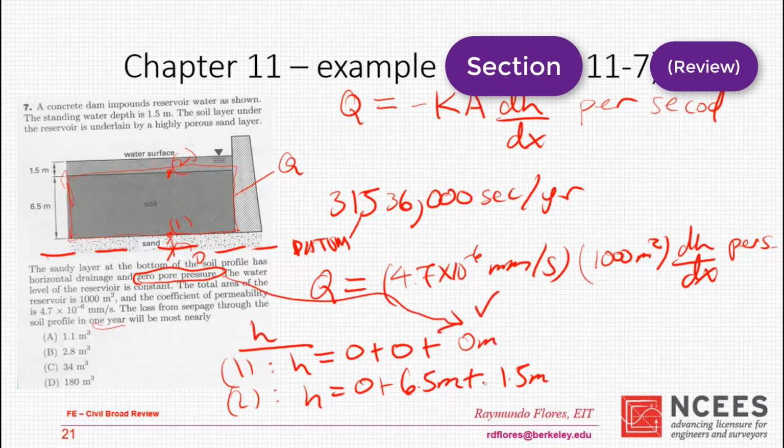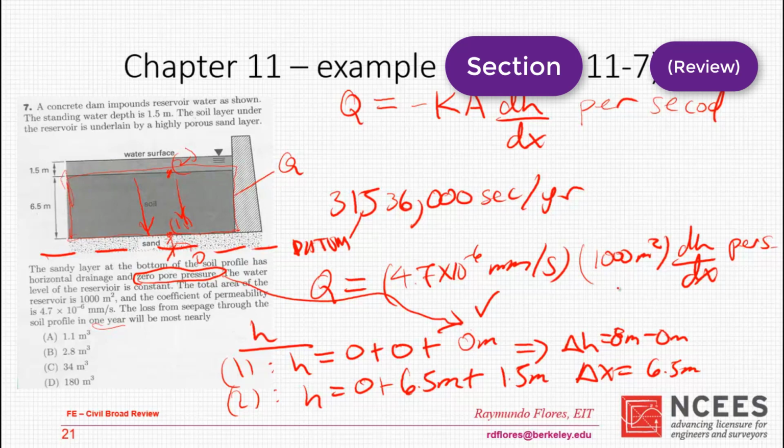So in this case, delta H is 8 meters, because it's 8 meters minus 0 meters. And then now we have X, so dx is 6.5 meters, because the distance is in the direction of where it flows.